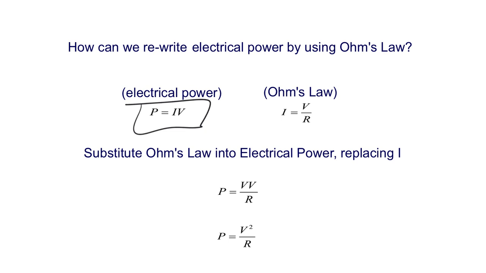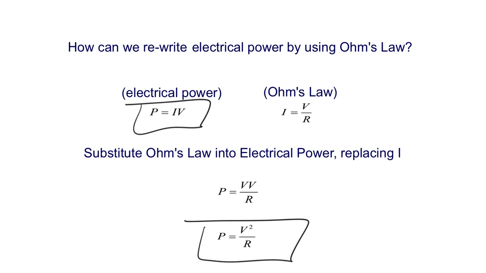if you don't have the current, but you know the resistance of the thing that's using electrical energy in the circuit, if you know its resistance but you don't know the current running through it, you can use a variation of that equation. It's right here.